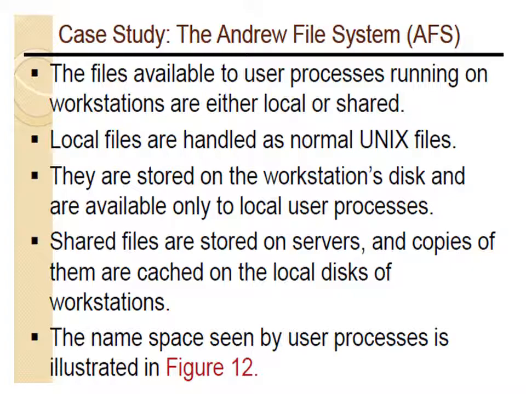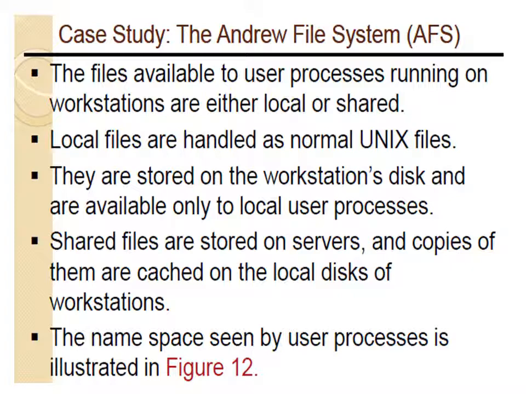In Andrew file system, the files available to user processes running on workstations are either local or shared. So the user processes running on workstations can be local or shared. Local files are handled as normal Unix files.